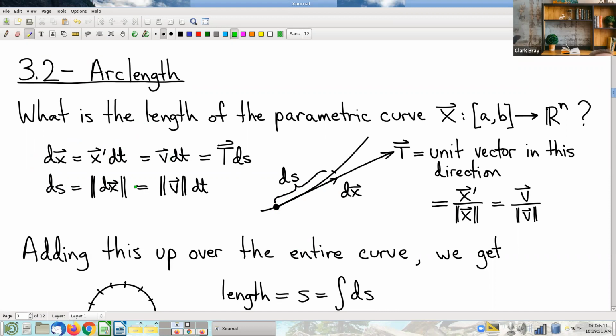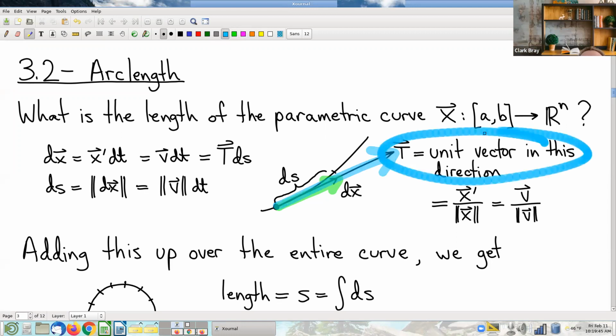Now there's a different way you could think about it, though. Another way to think about this position differential is that it's a vector that points in the direction of the unit tangent vector and whose magnitude is, well, it's the length of the curve.